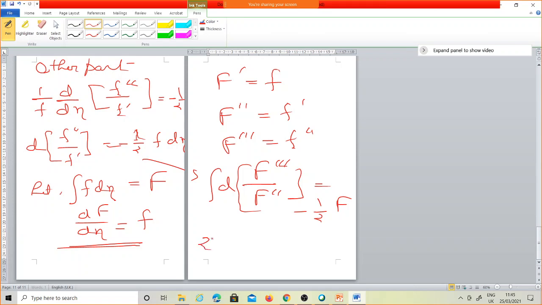You will get 2 f triple prime plus f f double prime is equal to 0.